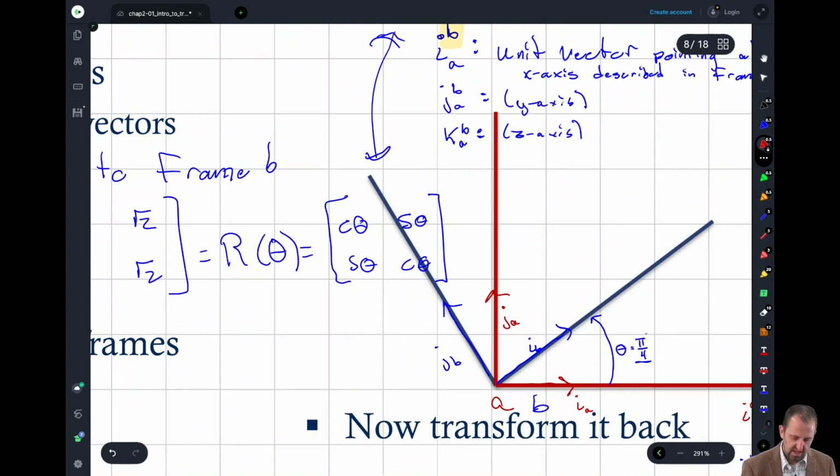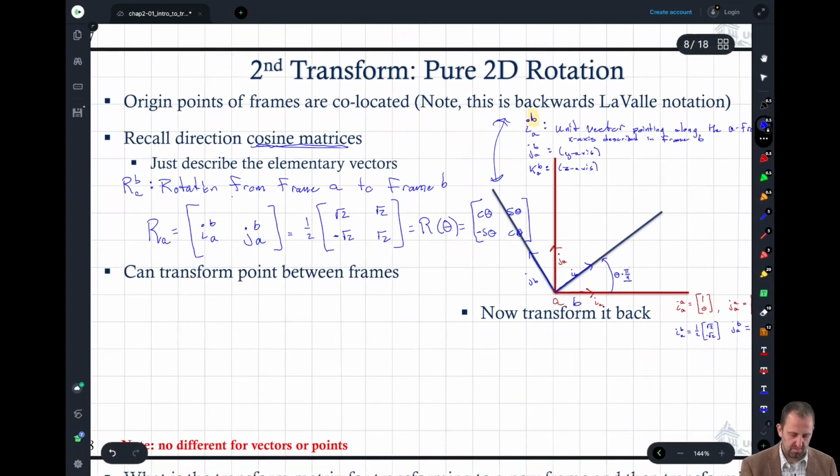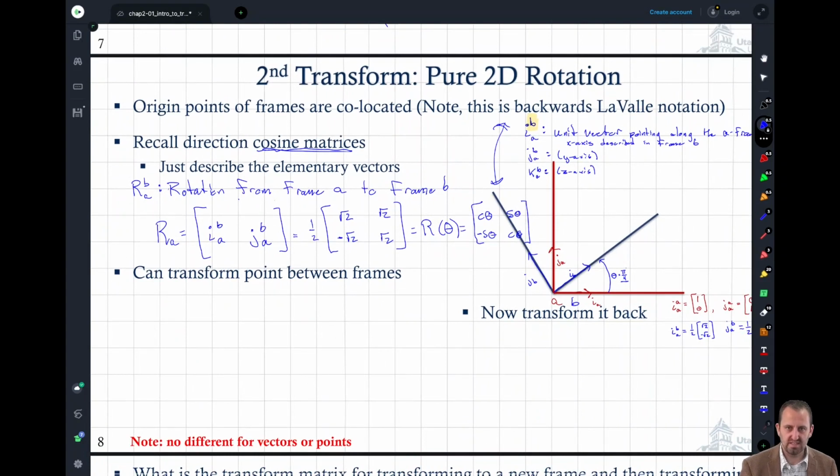The reason we get the negative down below is because we've defined the angle from A to B. In LaValle, it's defined from B to A. So really the same thing, just a note to keep in mind. So you'll see rotation matrices defined with the negative in one spot versus the other. You just have to keep in mind that that's because we've defined the angle differently, whether we're going from one frame to the other or vice versa.